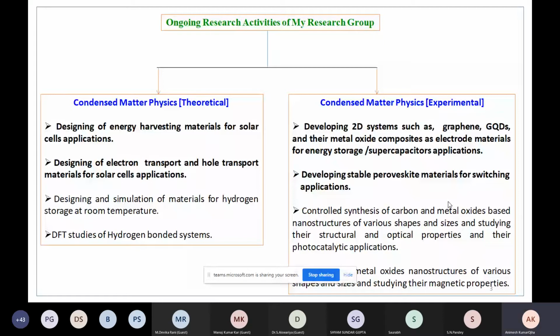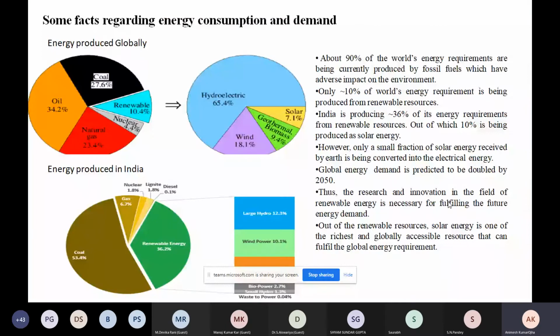Now, this slide I would like to discuss first because before you start doing your research plan, one has to know why we are doing that. So I have put several pie charts here that tell about the energy consumption worldwide and the energy consumption by India.